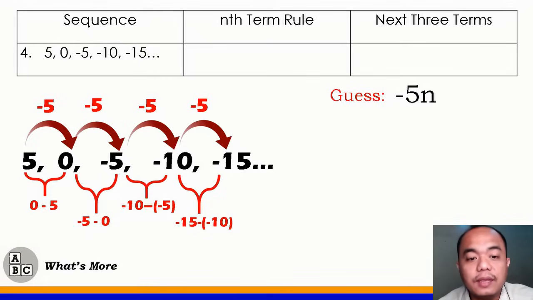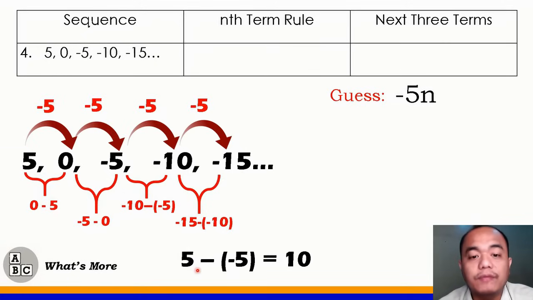But obviously, negative 5 here is lesser than our first term, 5. As part of our guessing strategy, we have to make this negative 5 equal to 5. And we have to subtract negative 5 from 5.